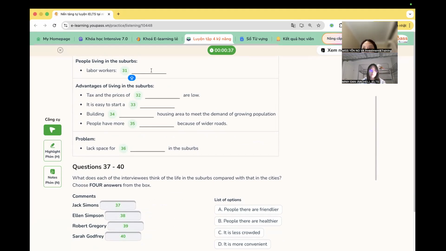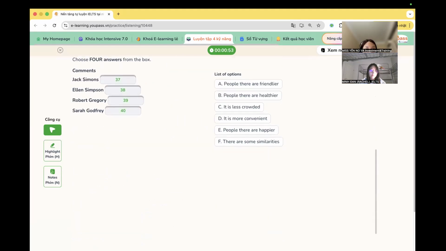There will be another type of people who live here. And then something low based on the tax and prices. Okay. Any questions? No. Okay, so I can start with this.